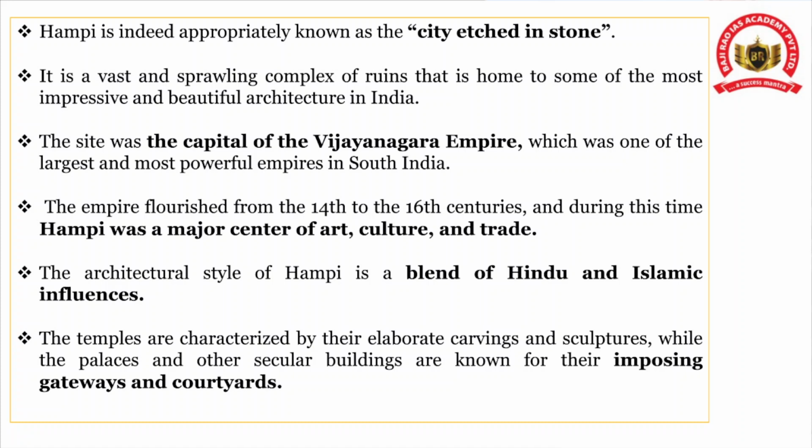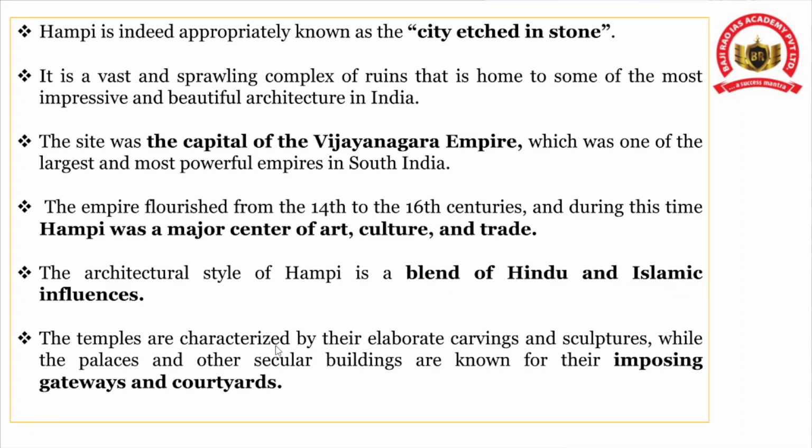The major architectural style that we can observe at Hampi is a blend of Hindu and Islamic influences. The temples constructed by Vijayanagara rulers also have an Islamic influence. Therefore we can observe a blend of Hindu and Islamic influences.